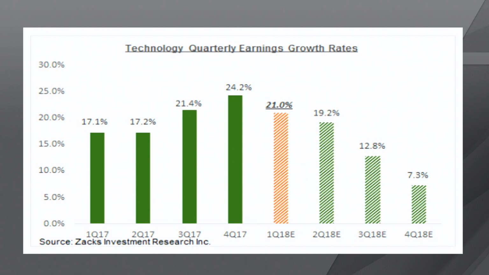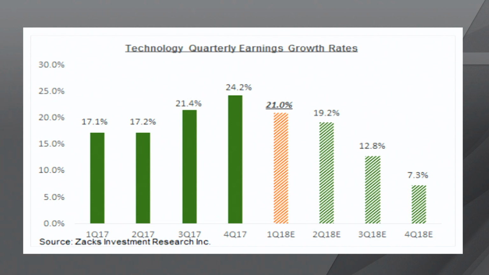So you've got all of 2017 in the dark green bars. Those were the year-over-year quarterly earnings advances for the technology sector. Now we come into Q1. What happens? Because of those terrific green bars in 2017, the comps, or the comparables, get much tougher.